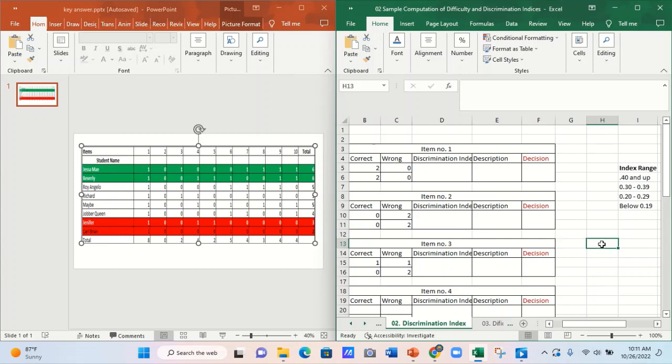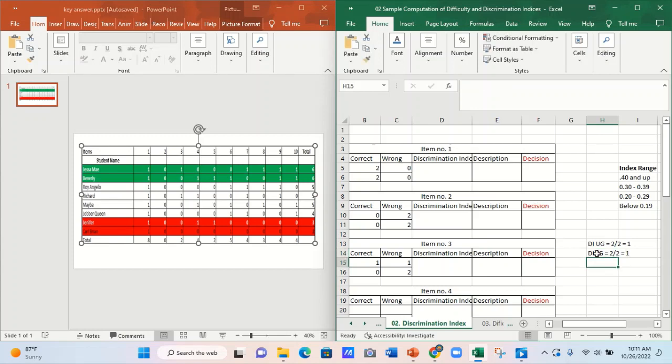Now, we start with item number 1. The difficulty index of the upper group in item number 1 is 2 divided by 2, which equals 1. Now the difficulty index of the lower group: how many got it correct in the lower group? 2 got it correct divided by 2 members of the lower group. So that is also equal to 1.